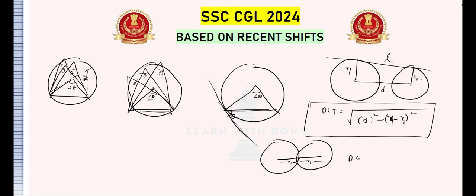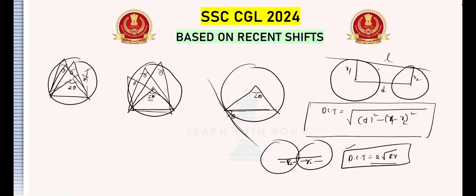Then for the direct common tangent, if this is capital R and this is small r, the length is 2 square root of capital R times small r.